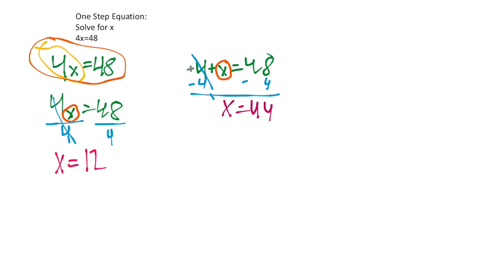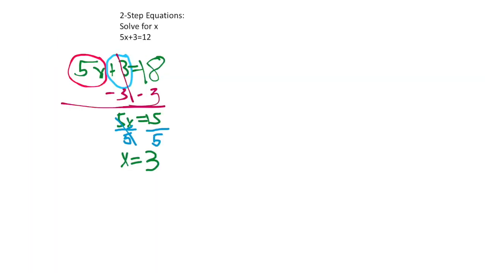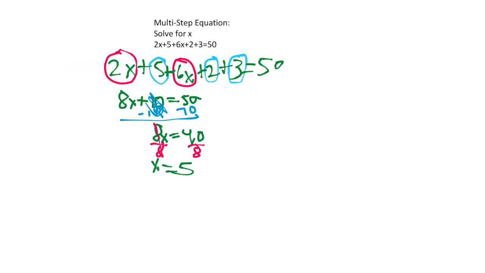For one-step equations, you only have to do one step: isolate the x, or whatever the variable is. For two-step equations, as you could see, it took us 2 steps to solve for x.